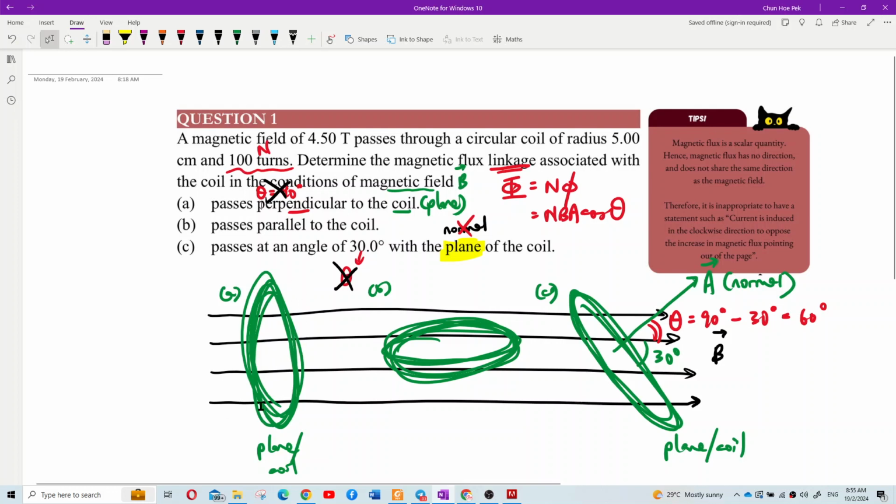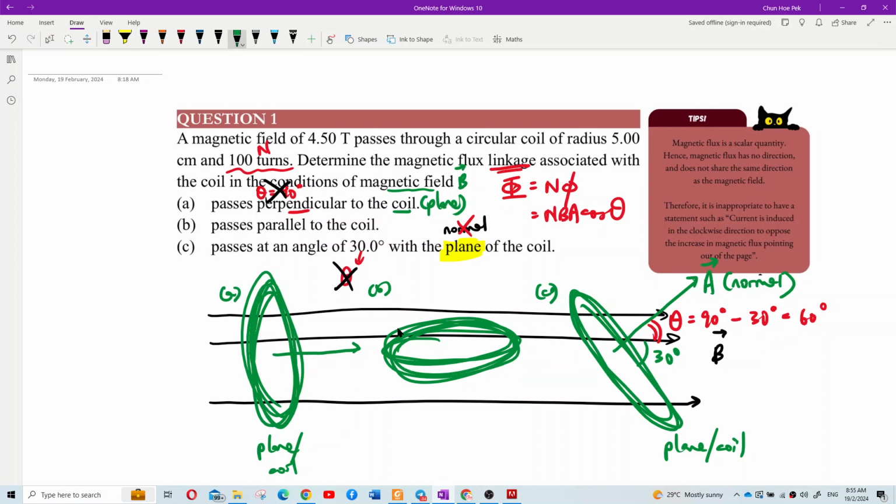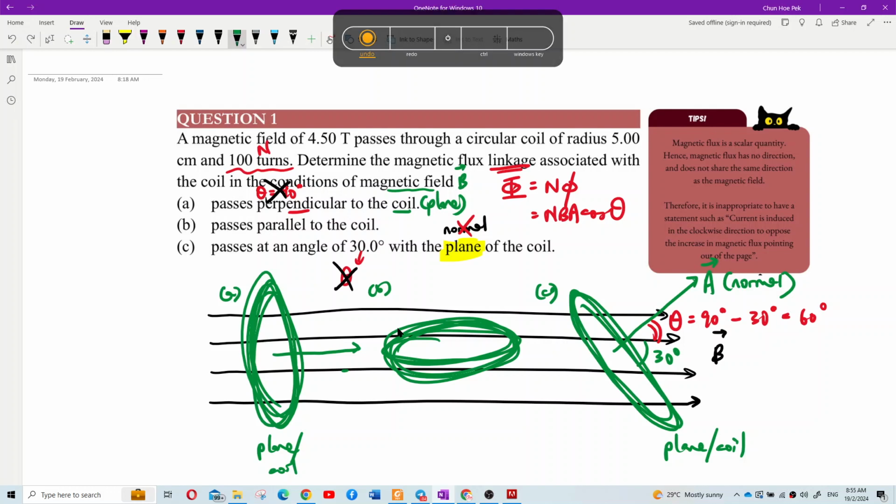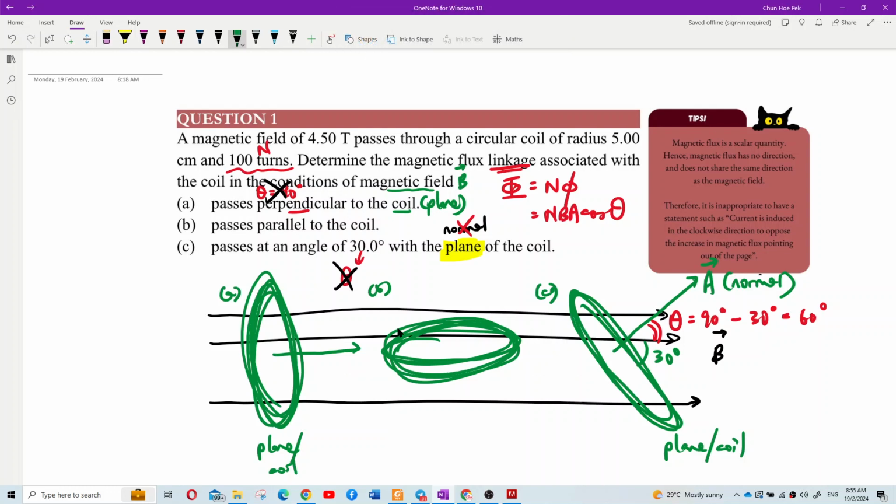Draw the diagram first and then determine theta later. Draw the diagram and then draw the normal first. Then you can see this is the plane perpendicular to the field. So this is the normal. This is the direction of area. Excuse me. This is the direction of area, the normal.